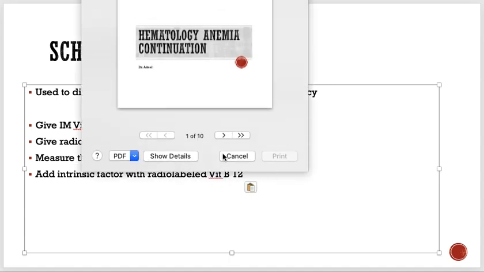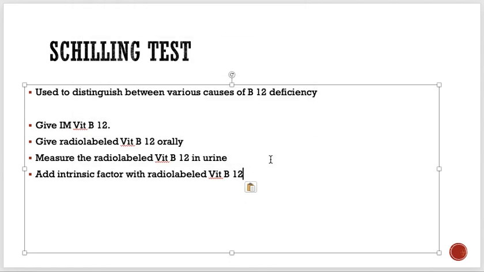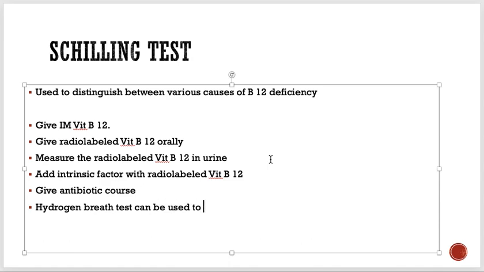Okay. If still not there, give an antibiotic course, or a hydrogen breath test can be used to detect bacterial overgrowth.